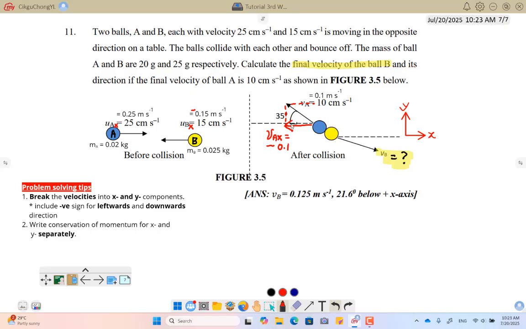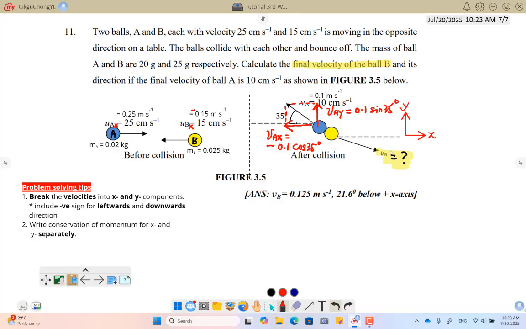I'm going to have cos because this component X is attached to the angle, so cos 35. Then I'm going to have a vertical Y component for VA. So we have VAY is 0.1 sin 35. So this component is positive because the direction is upwards.